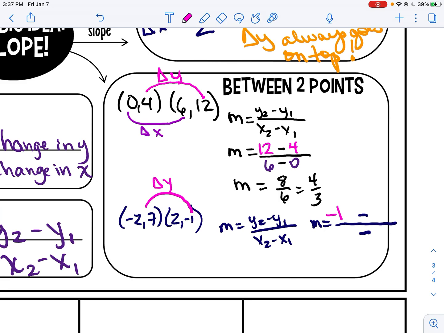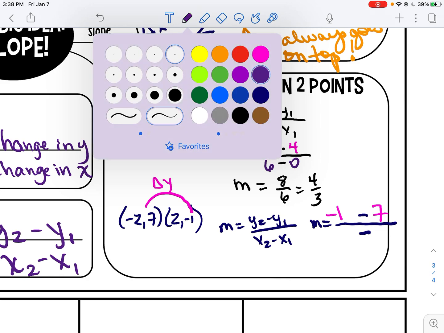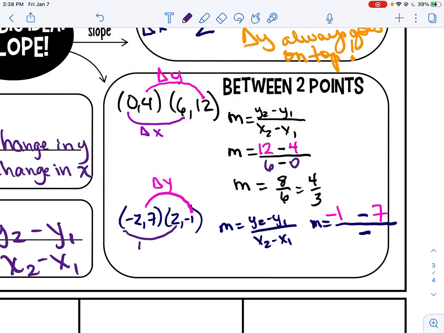So I take -1 minus 7. Then these are my change in x. Because I used -1 first, I have to use 2 first here. And then that's a -2, so I have to write a -2. When I do this problem, on the top, I'm going to come out with -8. On the bottom, these two negatives, boys and girls, change to a positive, so I'm going to have 2 plus 2, which is 4. So the slope I get from this is -2.